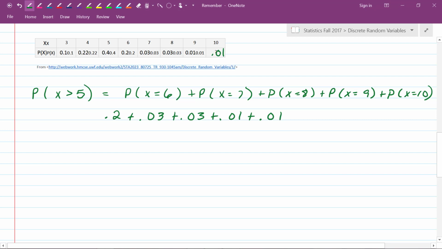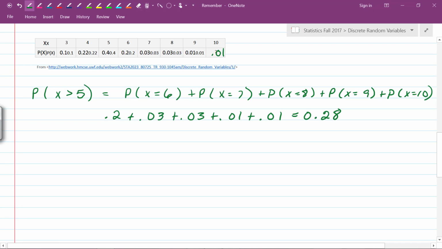And we're going to throw that in our calculator. So it's 0.2 plus 0.03 plus 0.03 plus 0.01 plus 0.01. And that is equal to 0.28. That is one way of solving this problem.